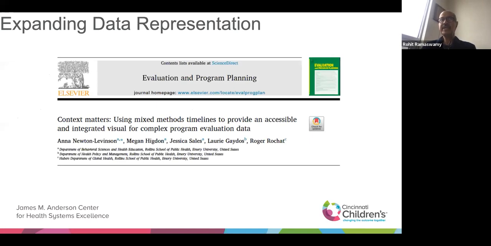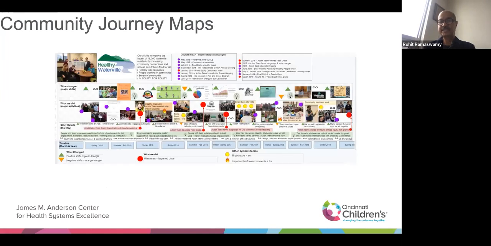And so we went back into the evaluation literature to think about, okay, how do we change what we're doing so that we can be more effective at generating meaning and insights from this data that we had, other than beating ourselves on the head and saying, well, we can't actually come up with the kinds of things that we wanted to do. And so we used some of the literature from design thinking, some of the recent work that's been done on how we look at complex program evaluation data.